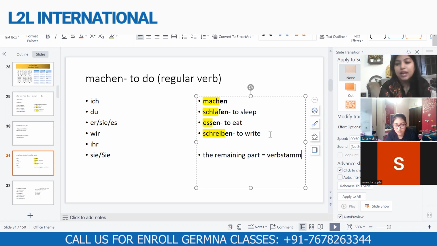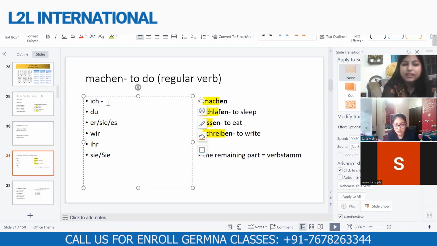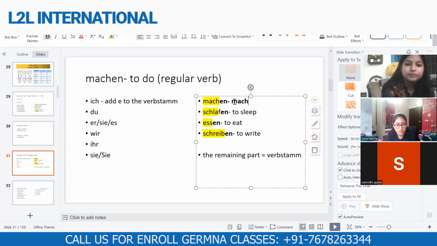So now, what is the pattern? The pattern says that when we have to conjugate the verb with ich, we need to add an e to the verb stem. The verb stem of machen is what? Mach, right?